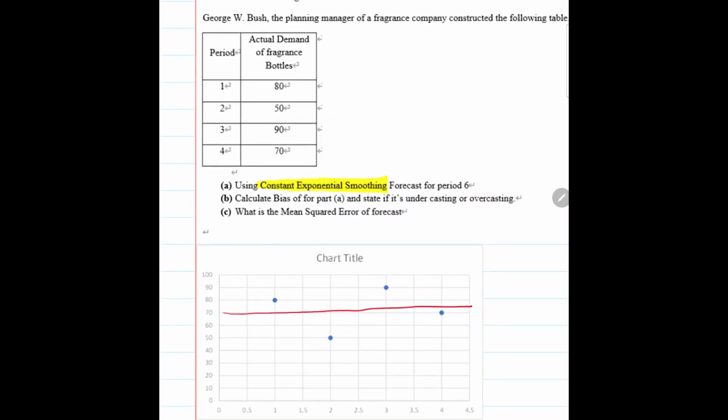At period 1, d hat is 80, the same. On period 2, we're gonna use the formula. Alpha hat was 0.4.